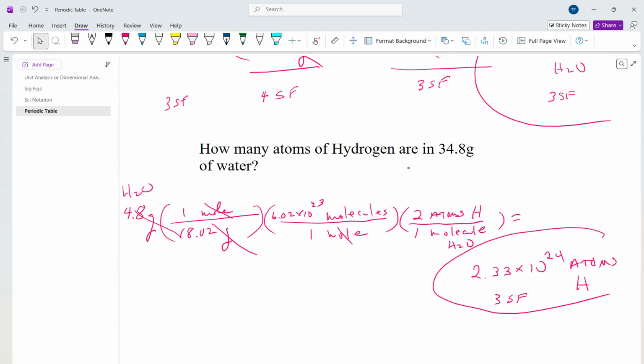When you put Avogadro's number in, did you put it as 602 times 10 to the 23rd? No, 6.02. That's right, that's where it's.